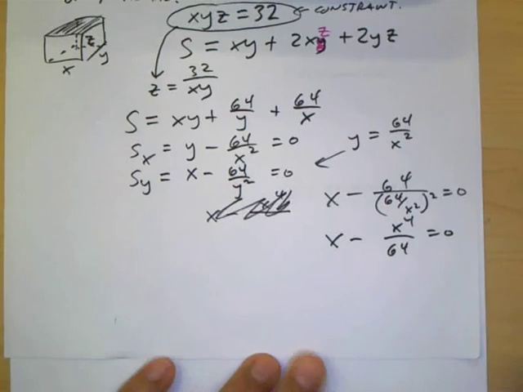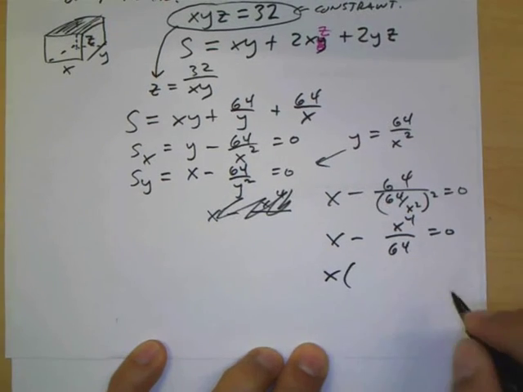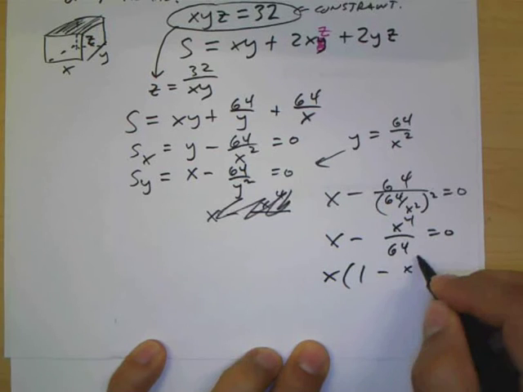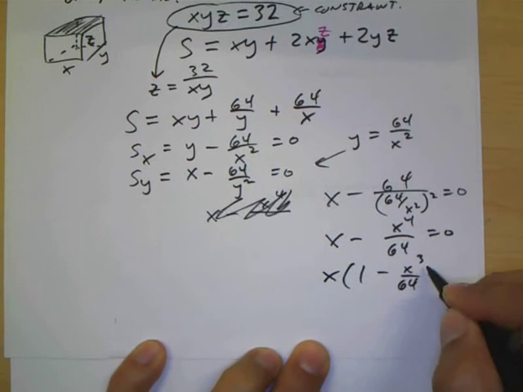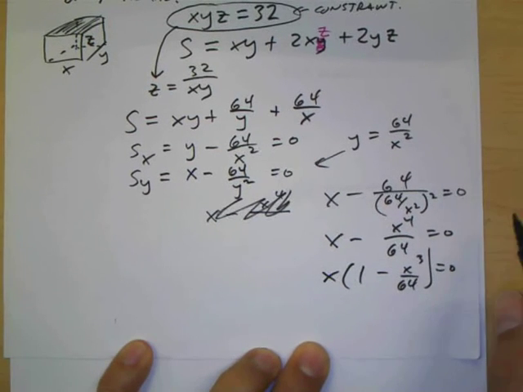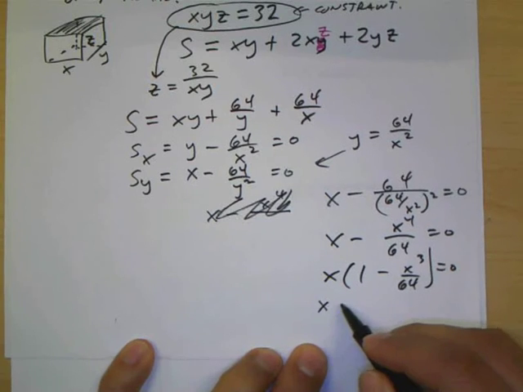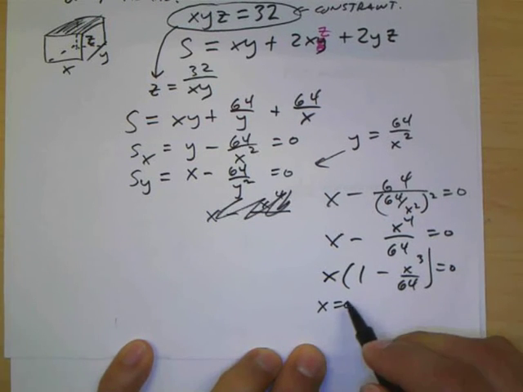And we solve. Let's see, factor out an x. You get 1 minus x cubed over 64. x equals 0 isn't going to help us.